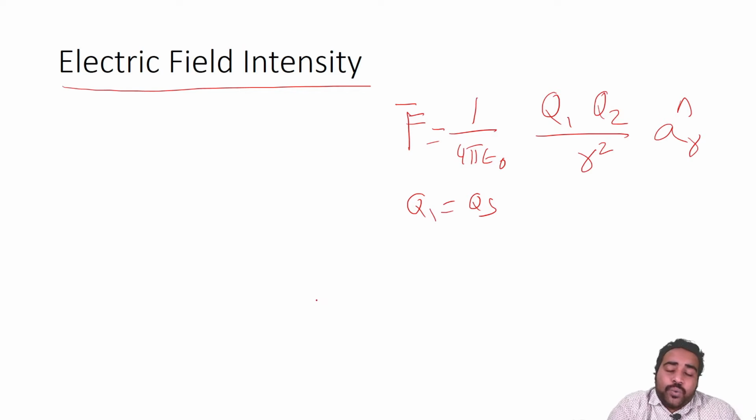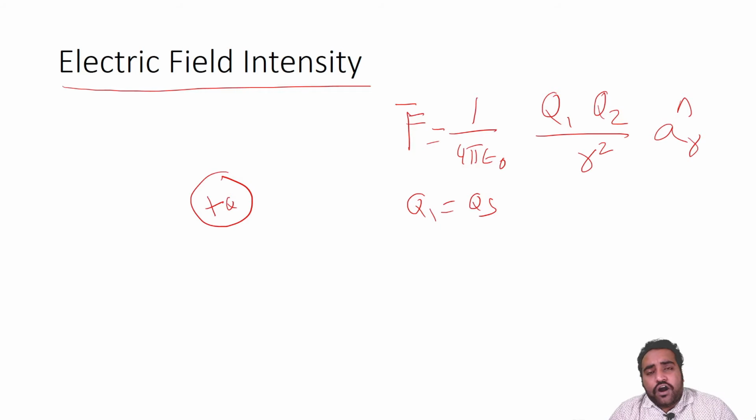Now, what you want to discuss is, if there is a charge, what is the effect of this charge? What would this charge do? That is the question you want to answer. But as you know, we don't have any physical quantity which says that. But we have an interactive physical quantity called electric force.